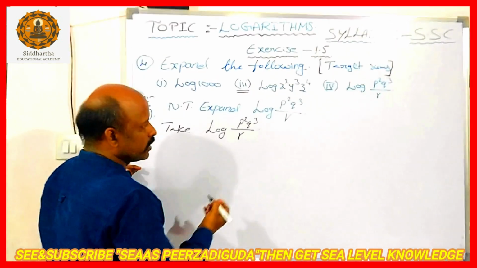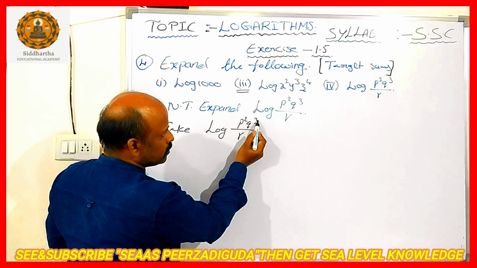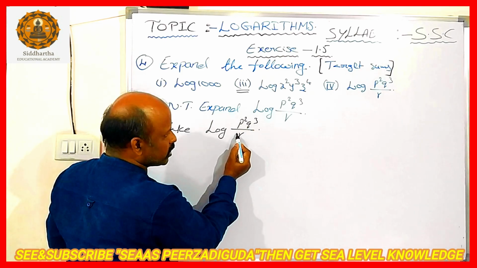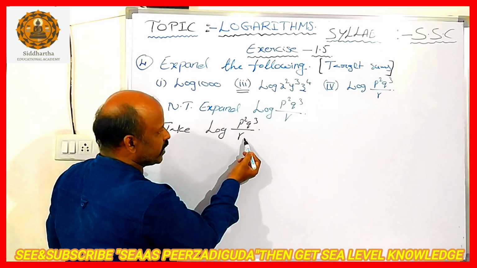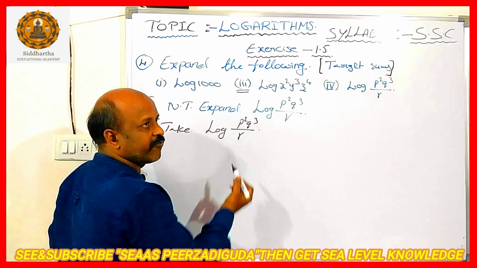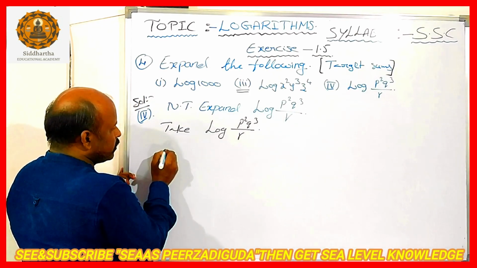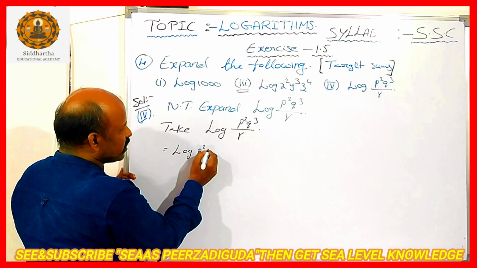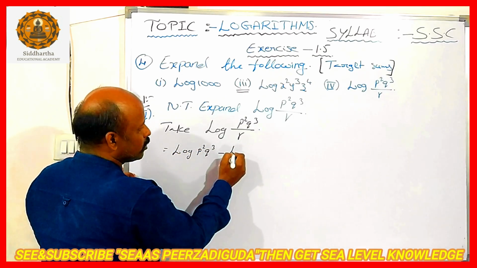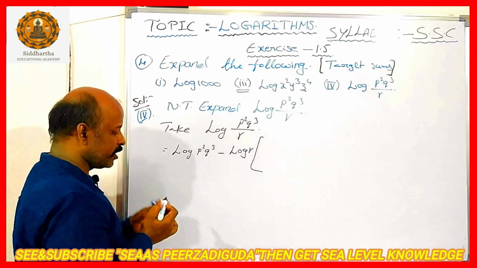In this, the numerator part is nothing but a, and the denominator part is nothing but b. You think of it as a and this is b. So log a by b, it is in the form of log a by b. So this one I am going to write as log p square q cube minus log r. Which rule did I use over here?